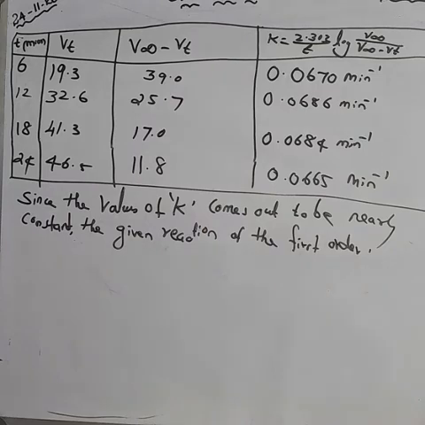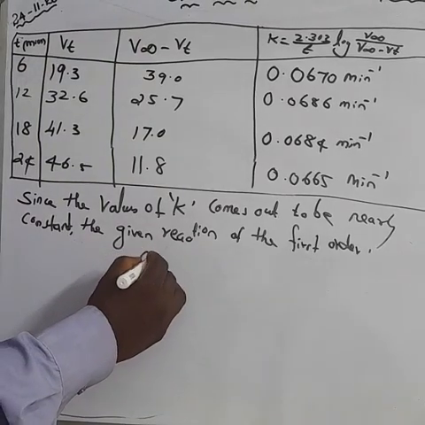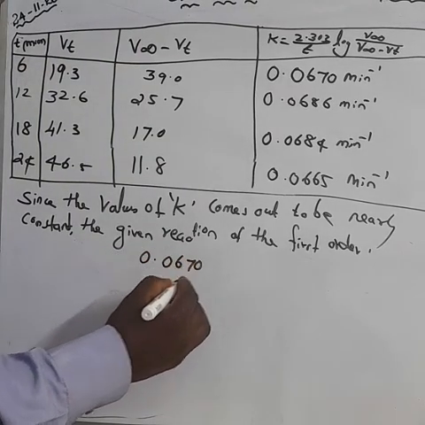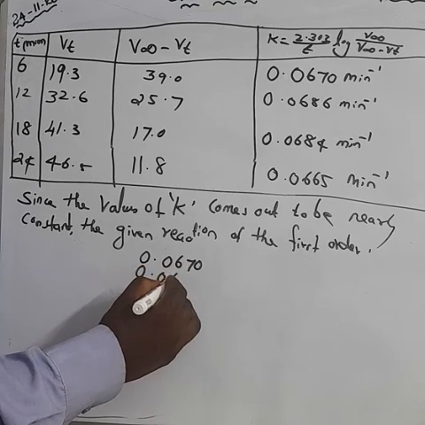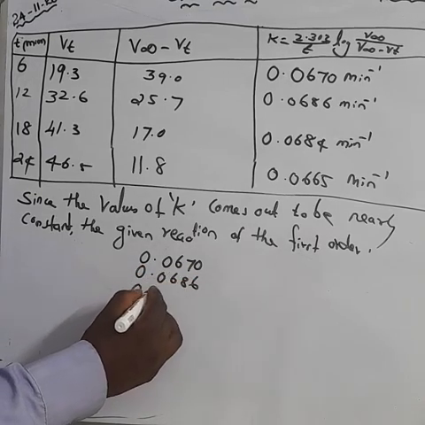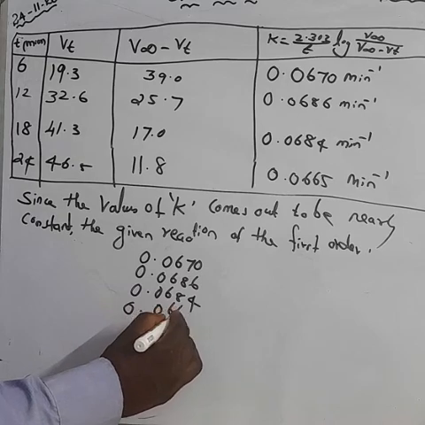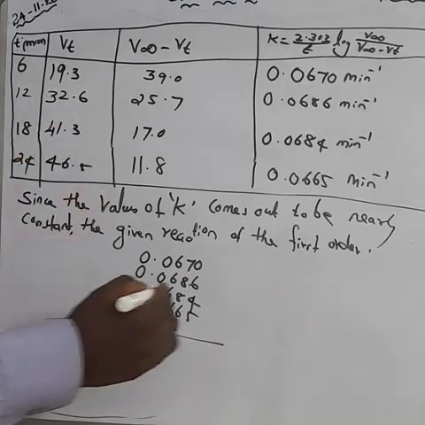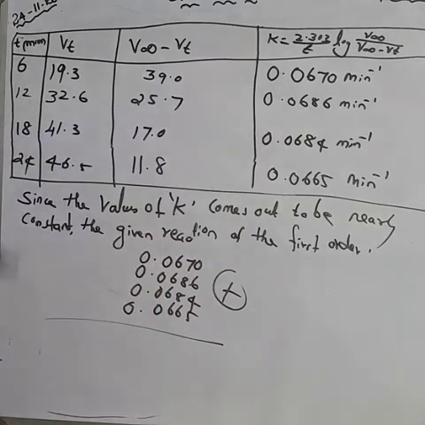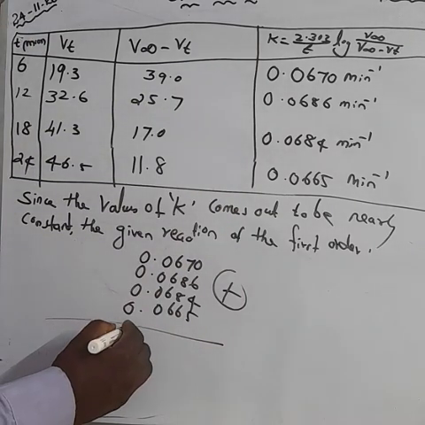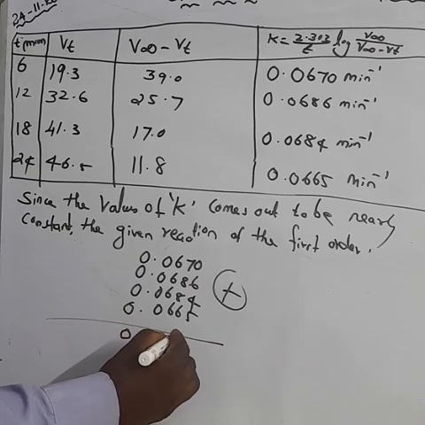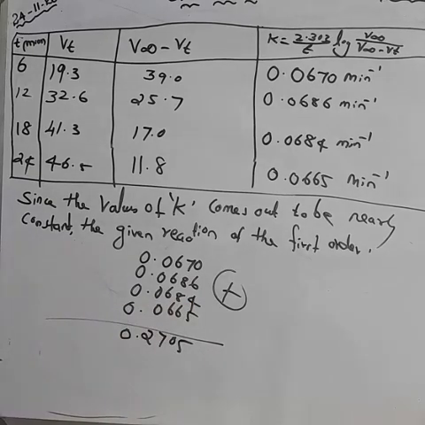So we shall take the mean value. Mean value means we add the four k values: 0.0670, 0.0686, 0.0684, 0.0665. When we add these four k values, we get approximately 0.2705.